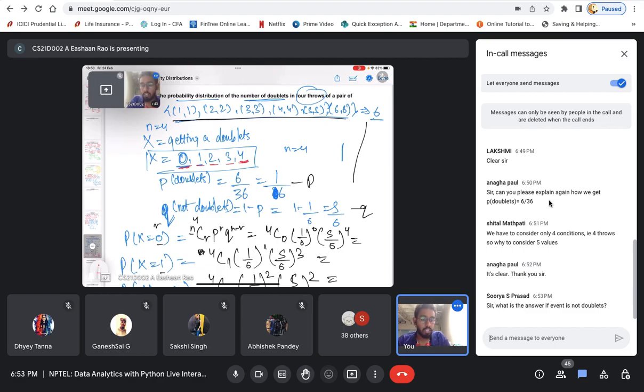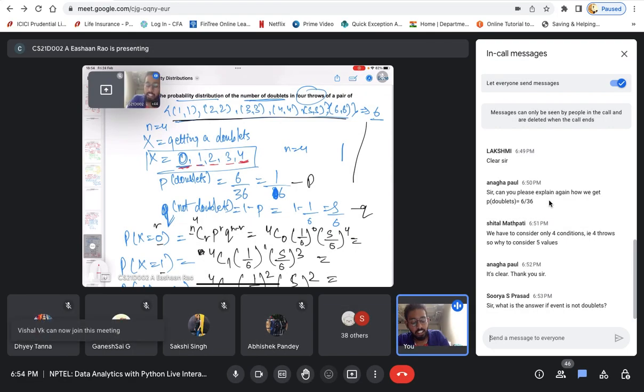What is the answer if the event is not a doublet? Then you have to be more specific about what exactly you want from the pair of dice.